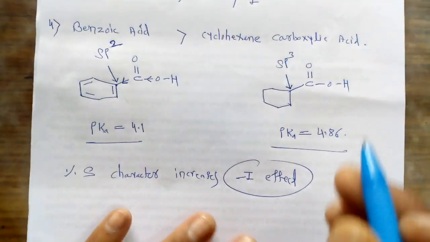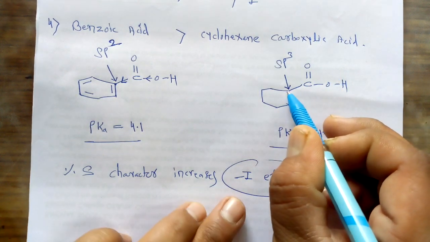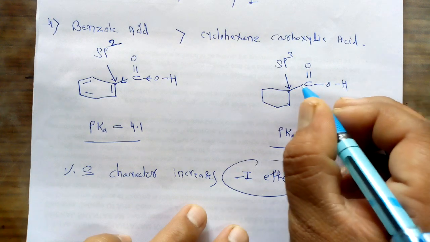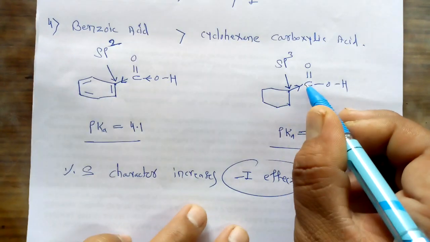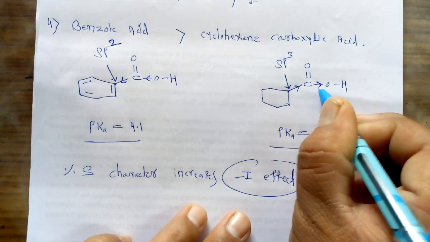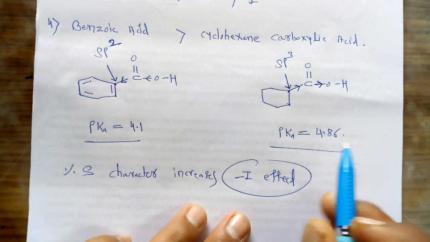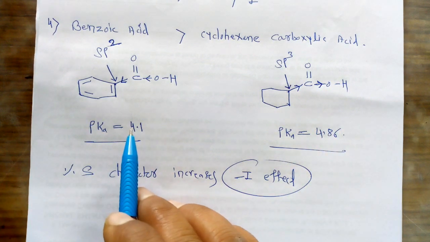On the other hand, due to the sp3 hybridization of this carbon, instead of showing the minus I inductive effect, it shows the plus I inductive effect, and that's why it donates electron density towards this carbon, so the tendency of this acid to donate H plus is less as compared to benzoic acid.